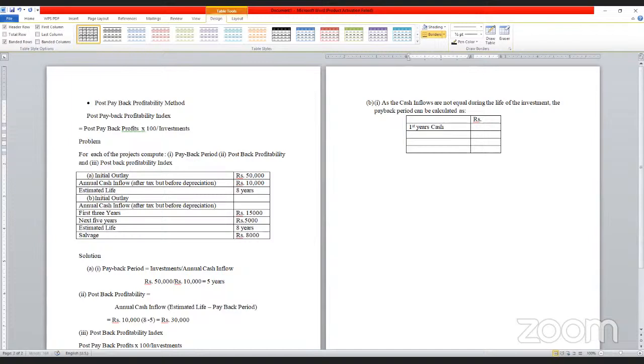First year cash inflow 15,000. Second year's cash inflow 15,000. Third year's cash inflow 15,000.